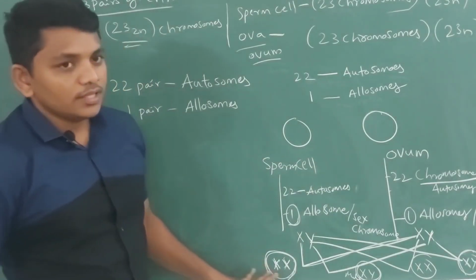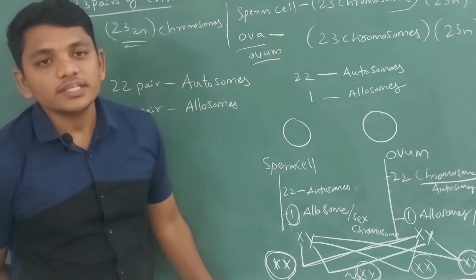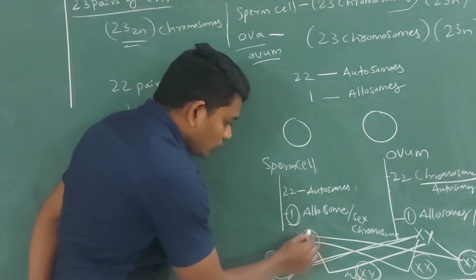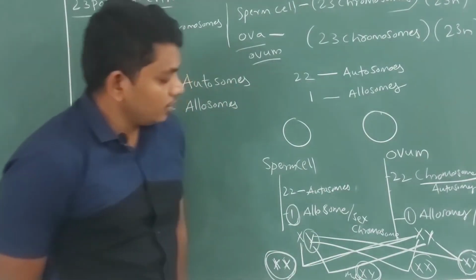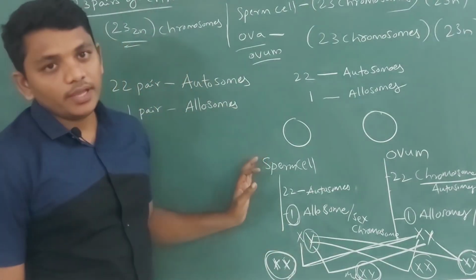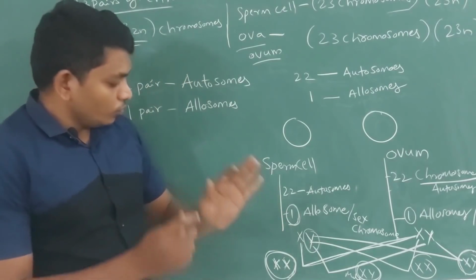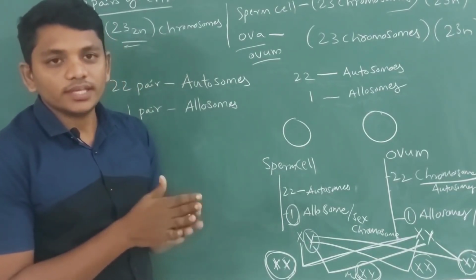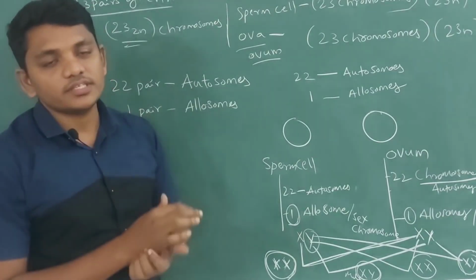So here sex determination is held by the Y chromosome, which is present only in the male sperm cell. Only the Y chromosome, or Y allele, is responsible for sex determination.